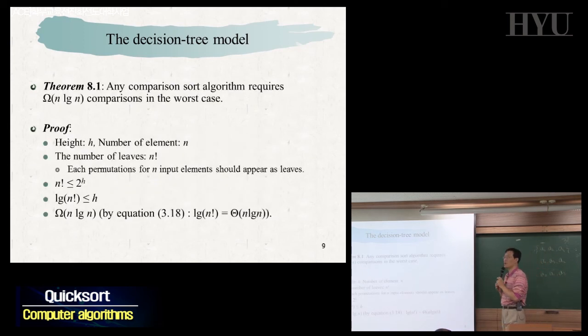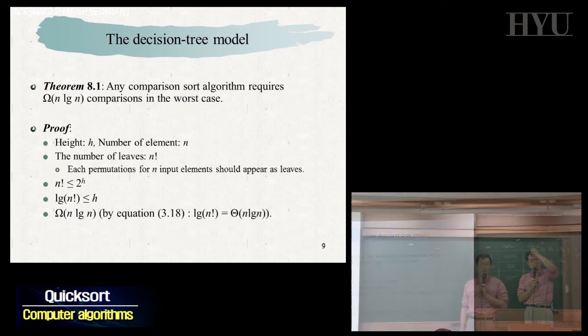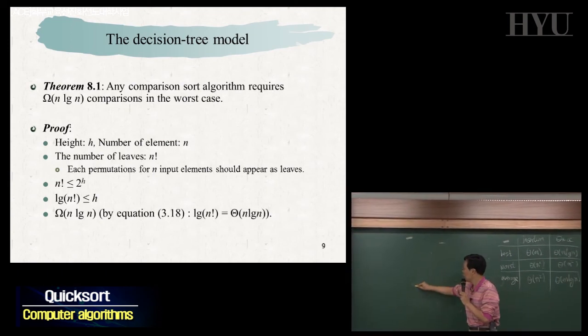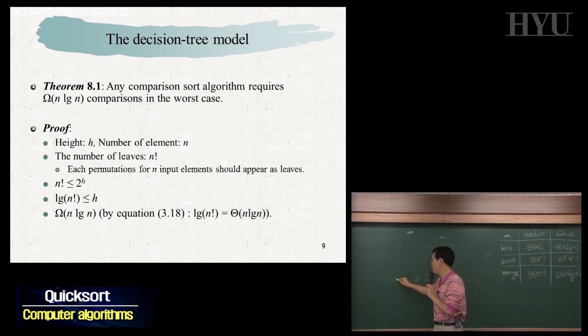Then it's time to explain the theorem that any comparison sort requires n log n comparisons in the worst case. And look at this. What is the number of leaves? We have n factorial leaves.